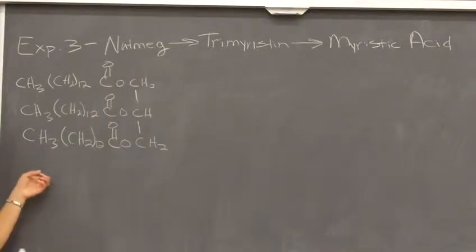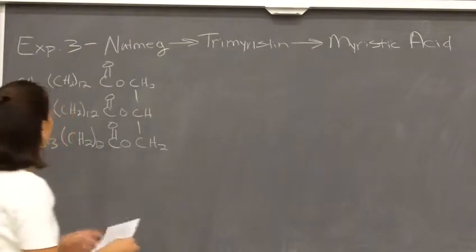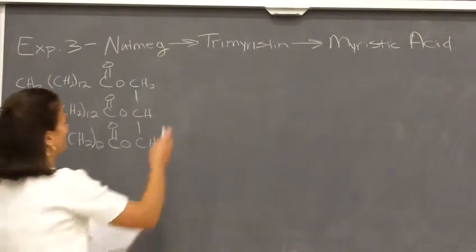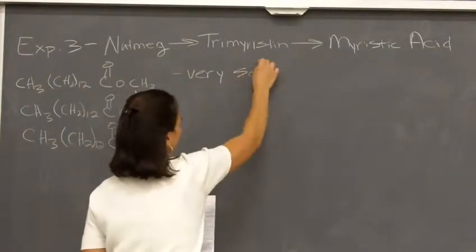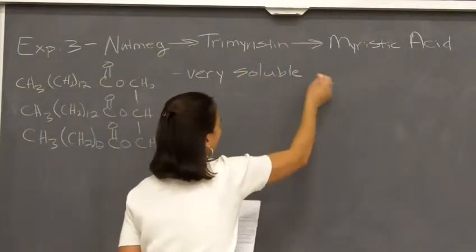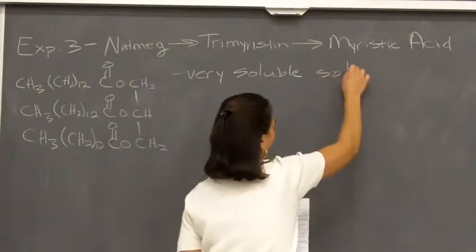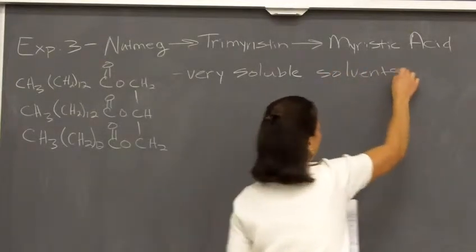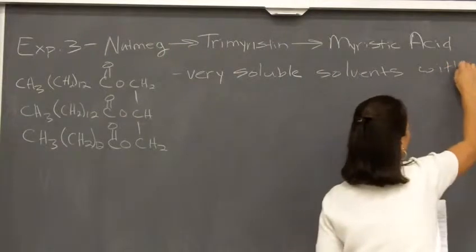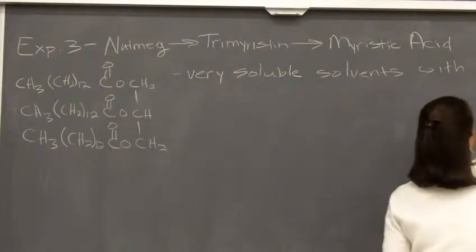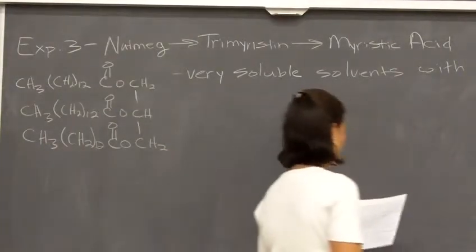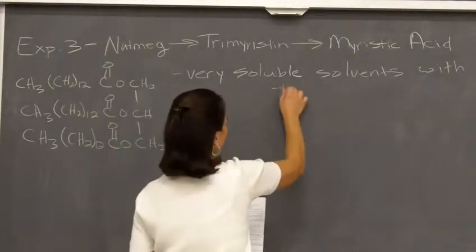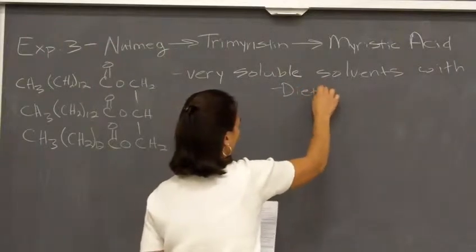We're going to, first of all, be taking advantage of its solubility, okay? So it's a mostly non-polar molecule. So it's very soluble in solvents with low polarity. And so the solvent we're going to be using is diethyl ether, and we'll talk about that in a little bit.